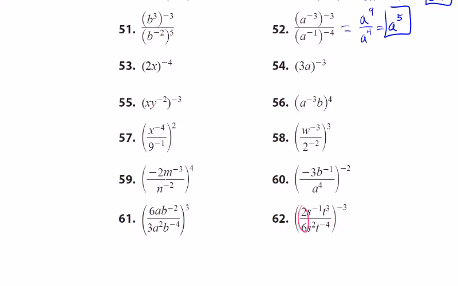So first of all, I have 2/6. So I can reduce that to 1/3, right? So I'm just going to start collecting items here. So I have a 3 on the bottom. Then with the s's, since those are like bases and I'm dividing them, I can subtract the exponents, right? So I can end up with s, and then I'll subtract -1 minus 2, which is -3.